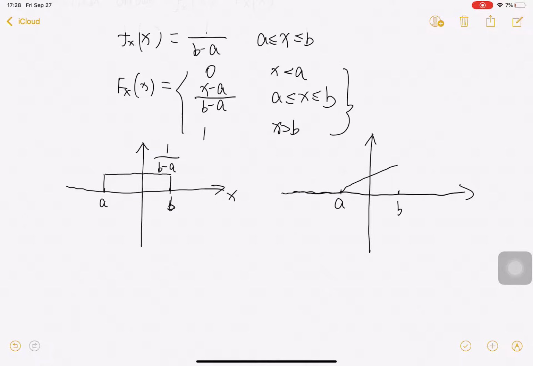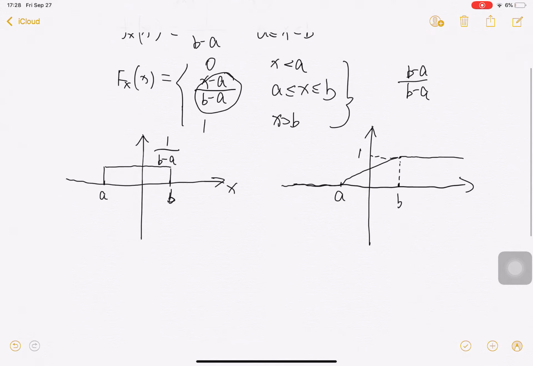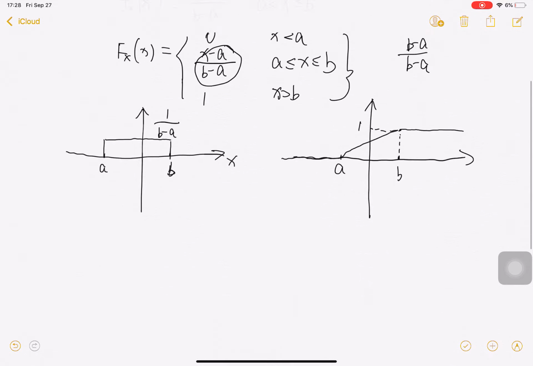And when x equals B, it's B minus A over B minus A, so it's 1, right? And when x is larger than B, it's always 1. Okay, so this is all about question A.